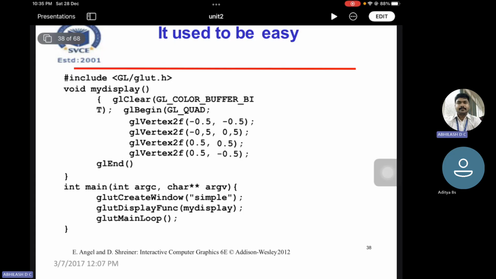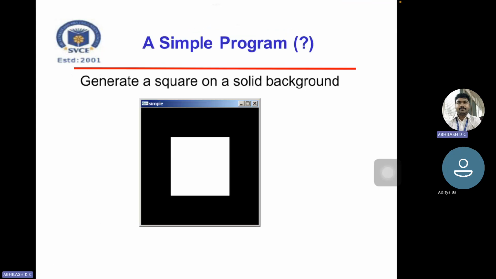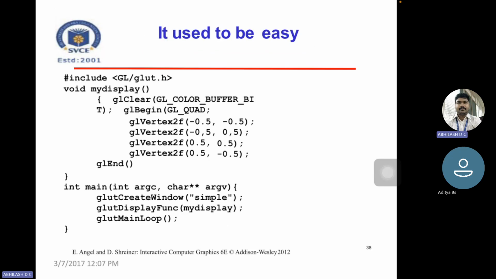So next, as you all know, the program will actually start from main, with int argument count and argument vector. So next comes glut create window. You can see on top of this particular box, that is the window, you can see something called simple, right? So that is the window name. Glut display function refers to my display, meaning from where it has to start, meaning what is the logic for your program.